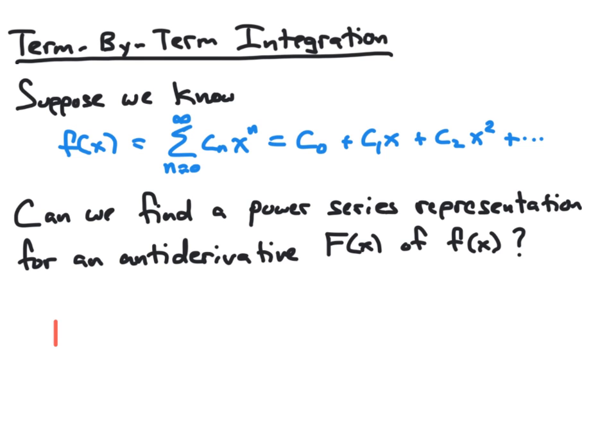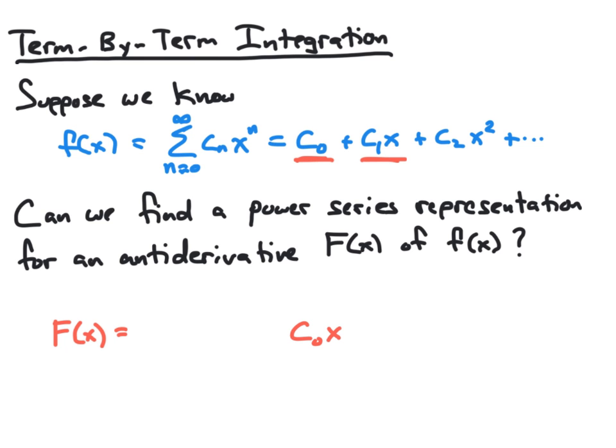We can proceed just as in the case of term-by-term differentiation by thinking of our power series as a polynomial that has infinitely many terms and simply integrating term by term. If we did that in this case, we would see that the constant term c sub 0 would have an antiderivative of c sub 0 times x.